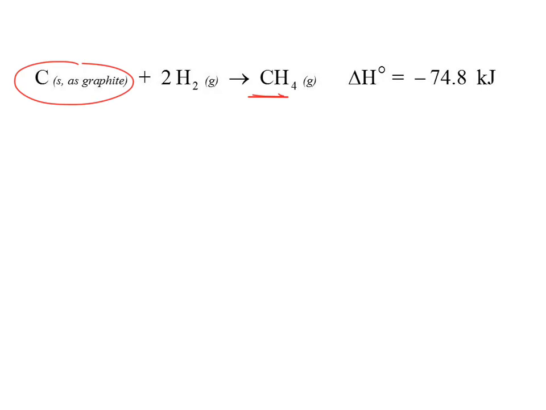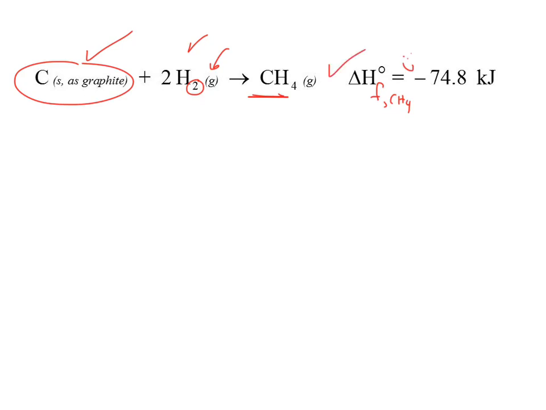So that is right. Hydrogen should be a gas, that seems right. And it's diatomic, so that seems right. Perfect. So yes, this one is a standard molar enthalpy of formation of CH4. Smiley faces all around.